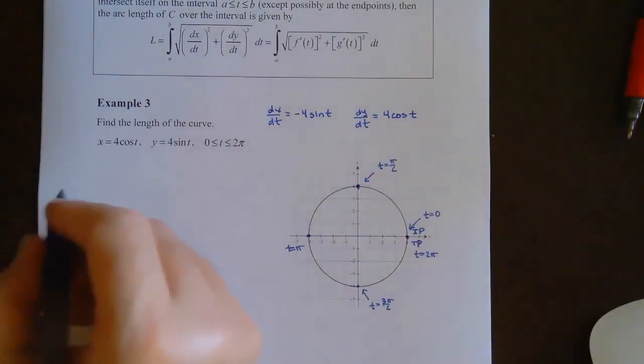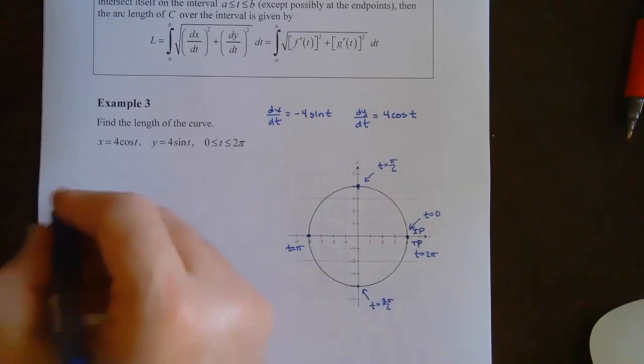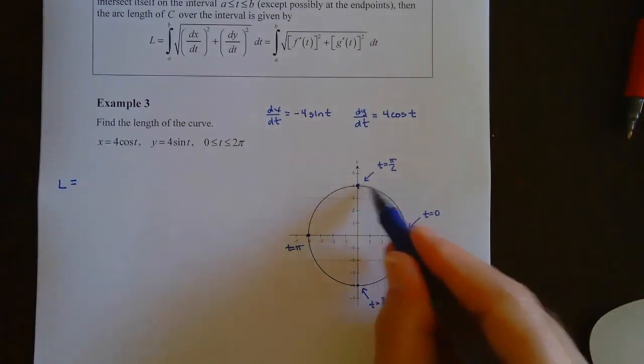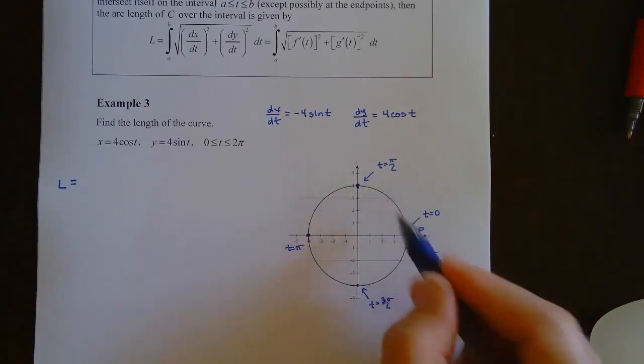Okay, so here we go. Now, we're going to take the length, and I'm only going to do a quarter of this, so I need to multiply by 4.